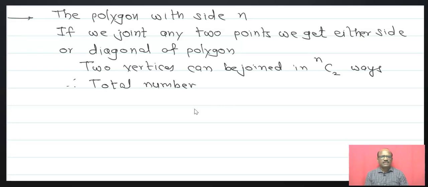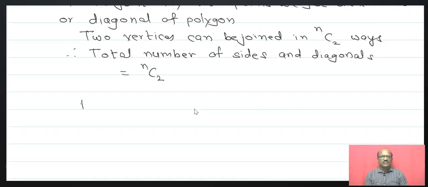Therefore, the total number of sides and diagonals is nC2.